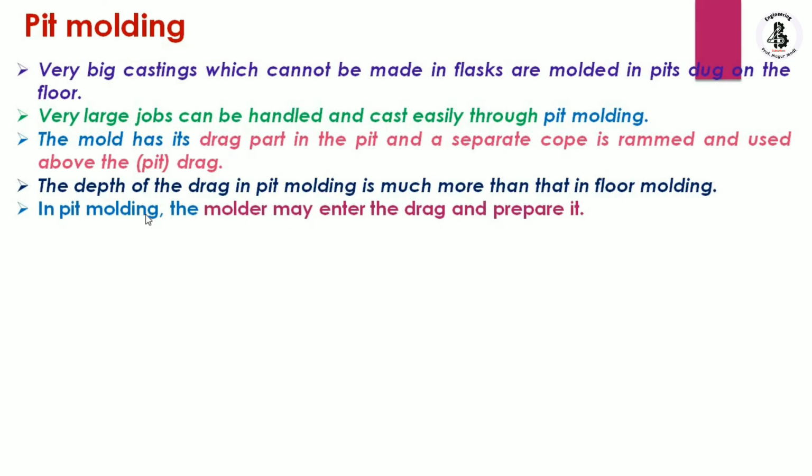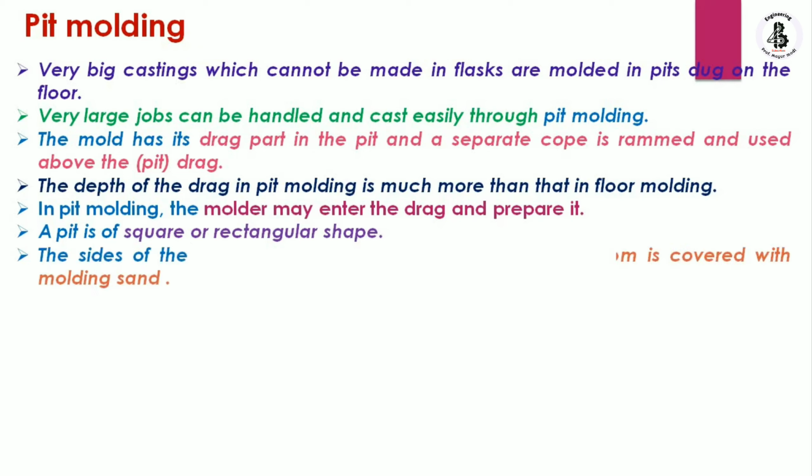In pit molding, the molder may enter the drag and prepare it. A pit is square or rectangular in shape. As per requirements, the sides of the pit, or drag, are lined with brick, and the bottom is covered with molding sand.